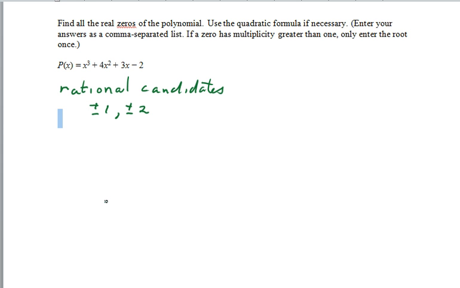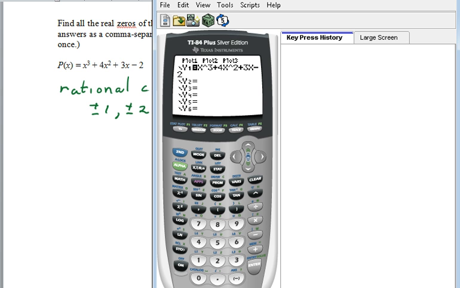Let's look at the polynomial on the graphing calculator. I've already entered it into the y equals screen. Let's graph it in the standard window. And this is what we see.